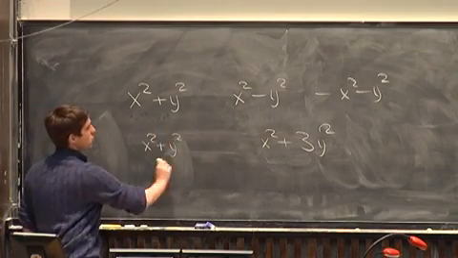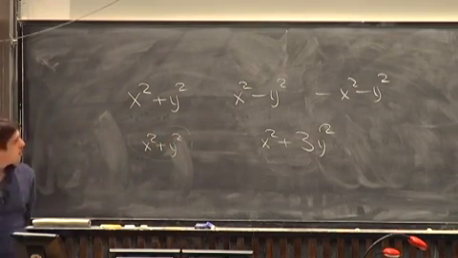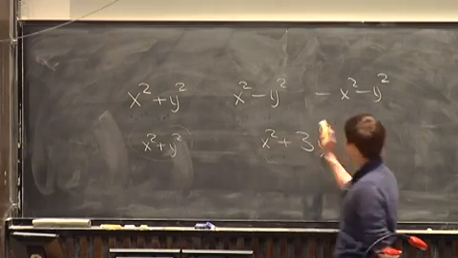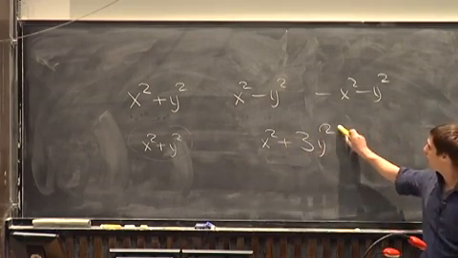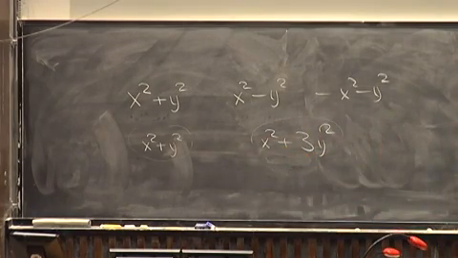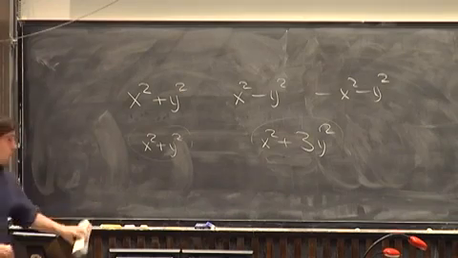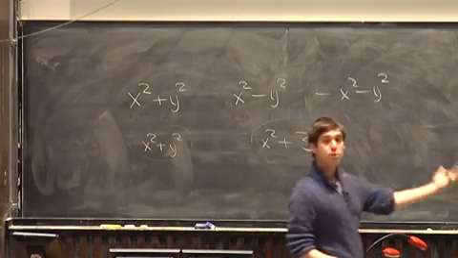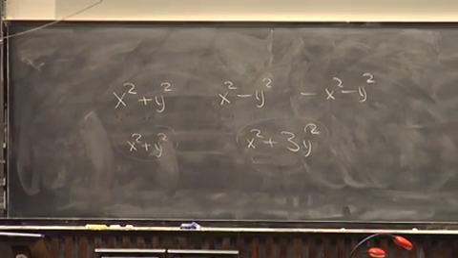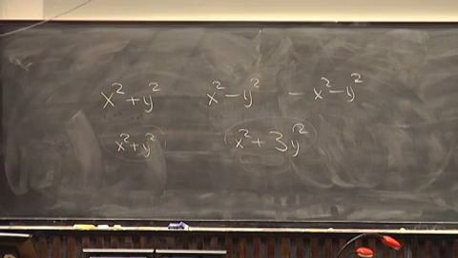Modulo 3, this first form will be non-degenerate. But this 3y squared will go away, so the second form will become degenerate modulo 3. So that's another way you might tell 2 quadratic forms apart. If you're given 2 integral quadratic forms, you might reduce mod 3, or reduce mod 4, or reduce mod 5.